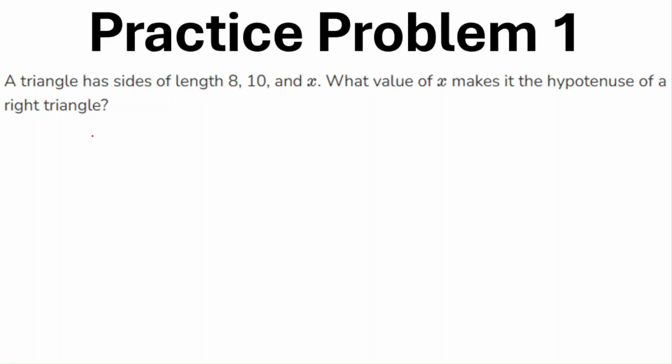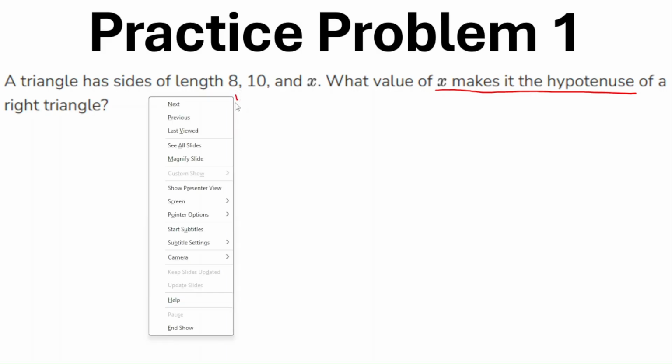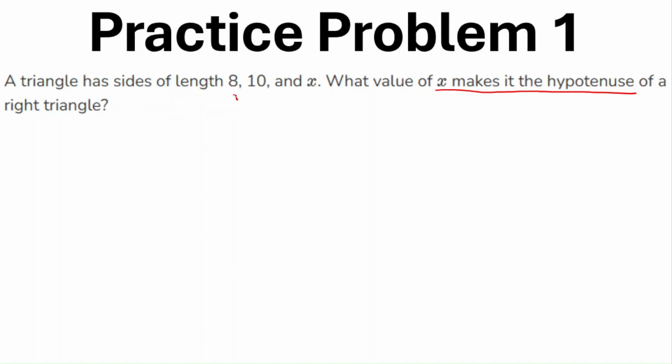So if I know that I have 8, 10, and x, but specifically we want x to be the hypotenuse, then that means 8 can be A, 10 can be B, and x is going to be C.